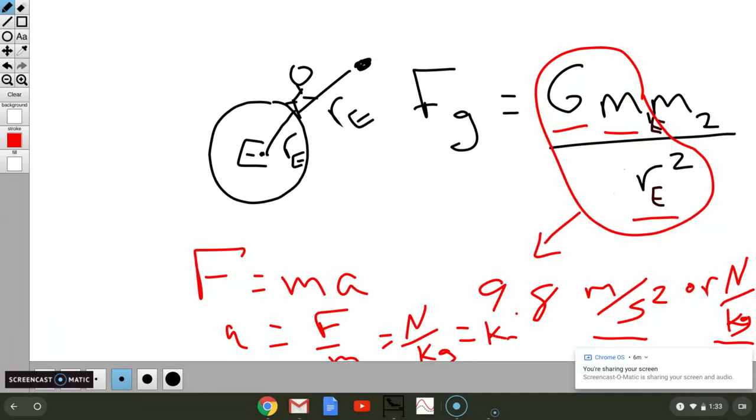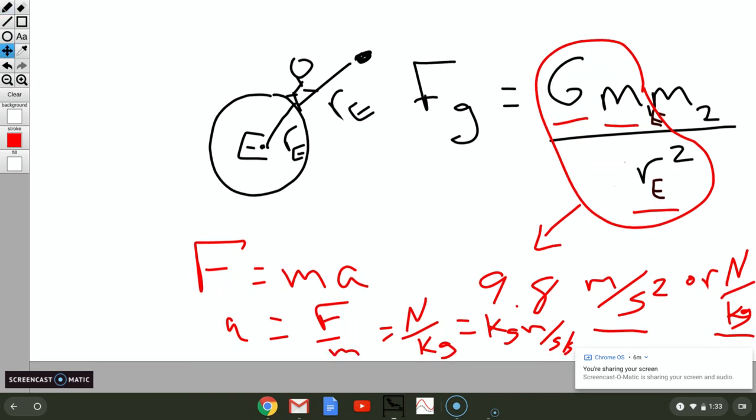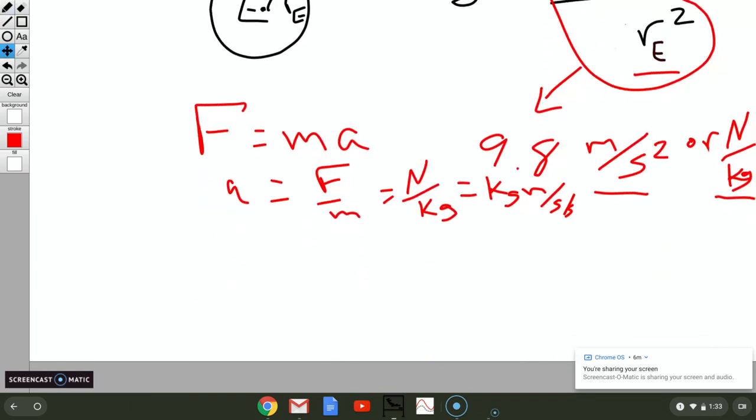So a kilogram meter per second squared, and all of this is divided by a kilogram. And so you end up with those canceling, you're left with meters per second per second. So a meter per second squared or a newton per kilogram is in fact the same exact thing.